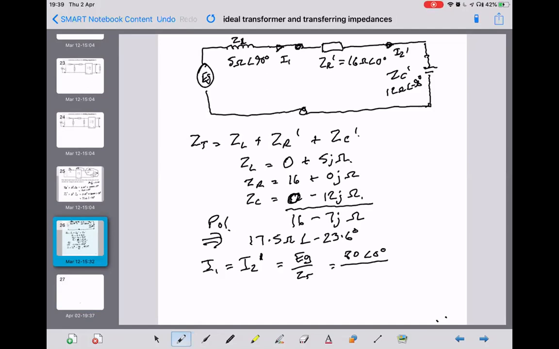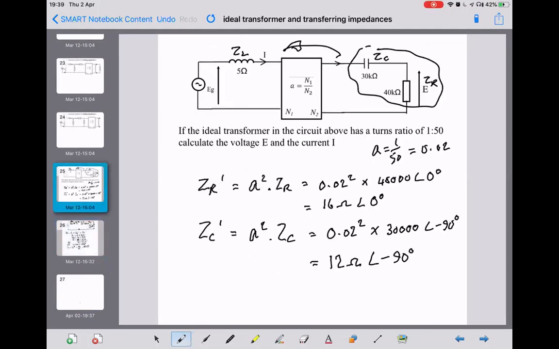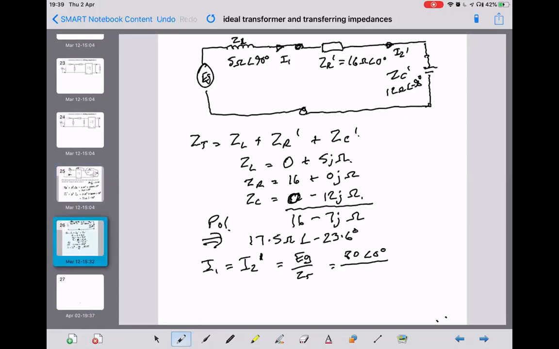It says it underneath the circuit diagram in the original question, on that page. 80 volts. That's what I got in my worked example anyway, so we're going to stick with it.